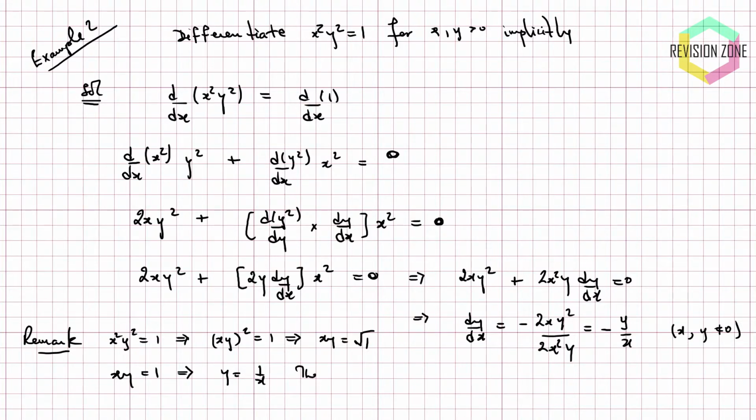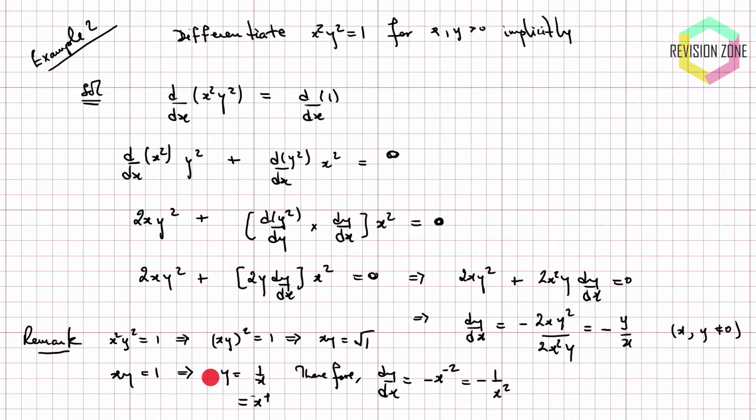Therefore, dy by dx is actually looking like, because this is x to the minus 1, dy by dx is just minus x to the minus 2, which is minus 1 over x squared, of course, right? So at this stage, you might say, hang on, we had a very different answer there, and you've got a very different answer there, right? But the point is, we can use this relationship here.